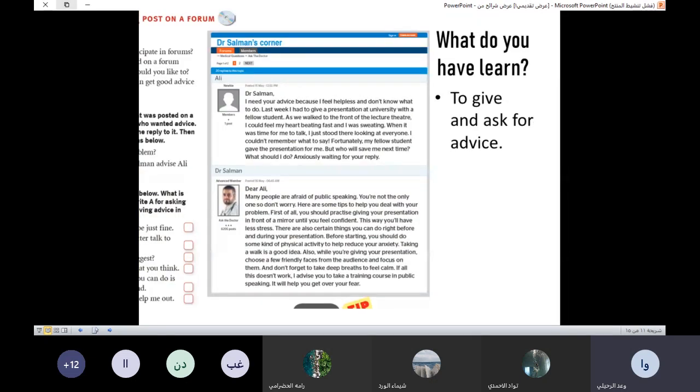Okay. Then we have the post on a form. Remember in the class when we did this writing, I told you that you have to write any problem that you're facing, whether it's a medical problem or a psychological or social problem. And then you switched your notebooks with your friends, and you wrote advice to your friend.